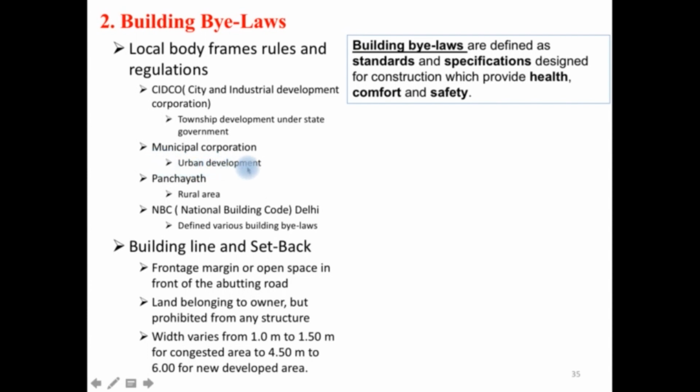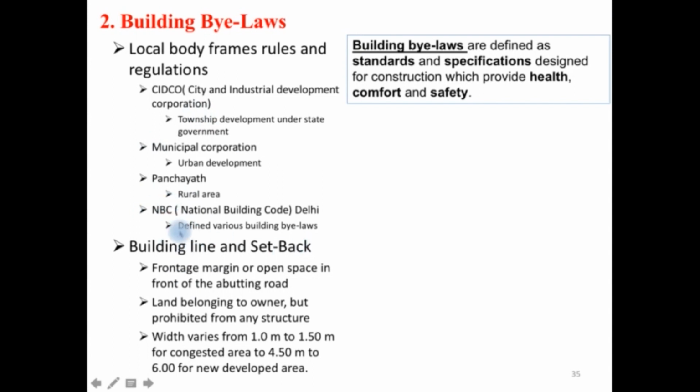So construction activities undertaken in the Ahmedabad municipal region have to follow the building bylaws drawn by the Ahmedabad Municipal Corporation, whereas in rural areas which come under the purview of a panchayat, they will decide the rules and regulations or the standards and specifications for the construction of a building.